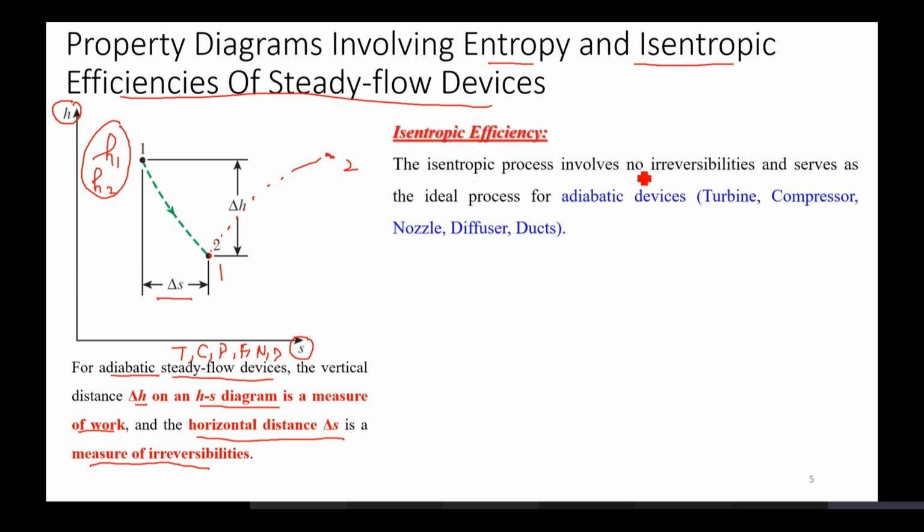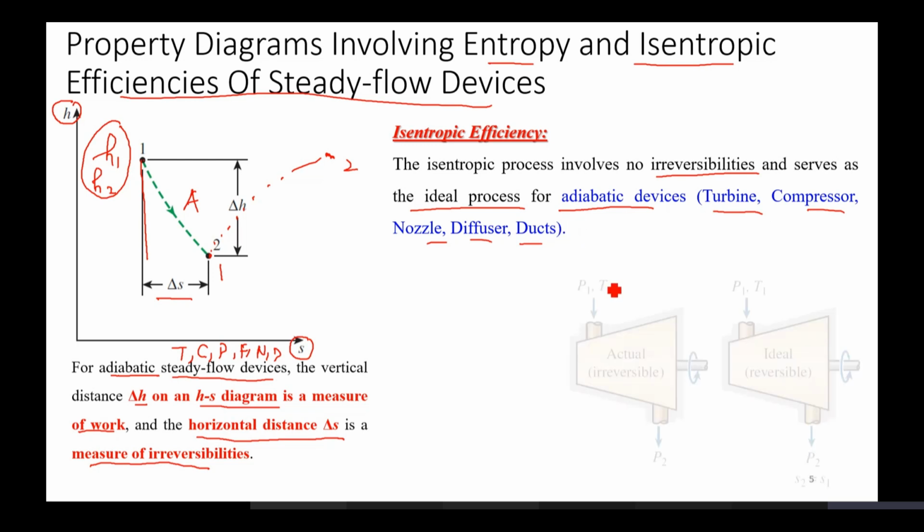So the isentropic process involves no irreversibilities. If I have to make this actual process an isentropic process, I'll have to have a vertical line so that the entropy does not change. And this serves as the ideal process for adiabatic devices, whether it's turbine, compressor, nozzle, diffuser, ducts, wherever you'll have these kinds of flows.